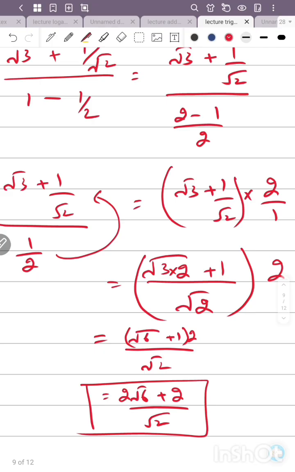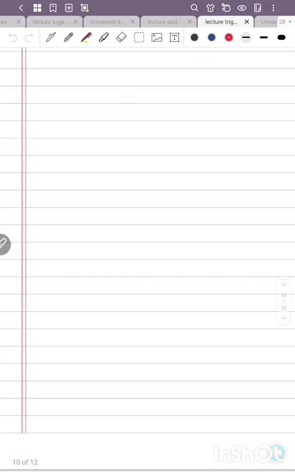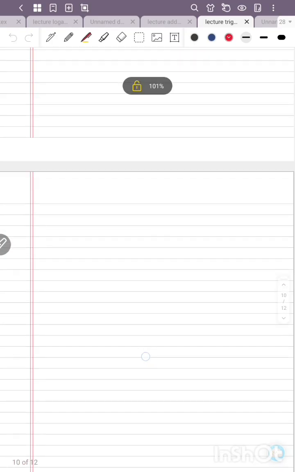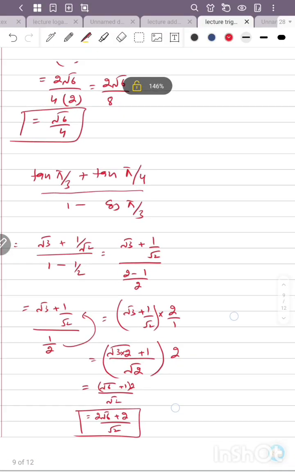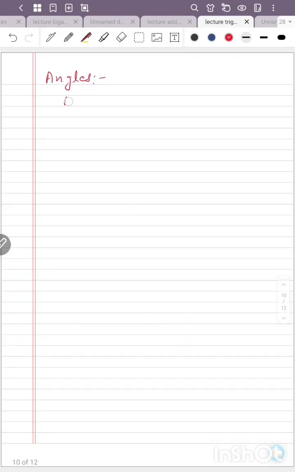We got the answer. Next we have a question. This here is the angle system.